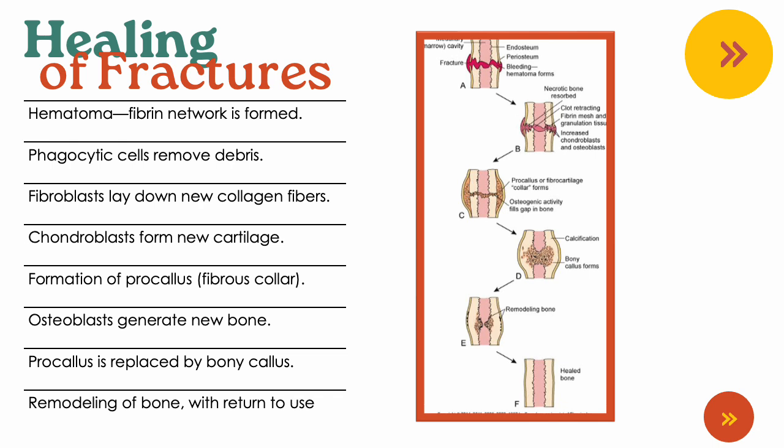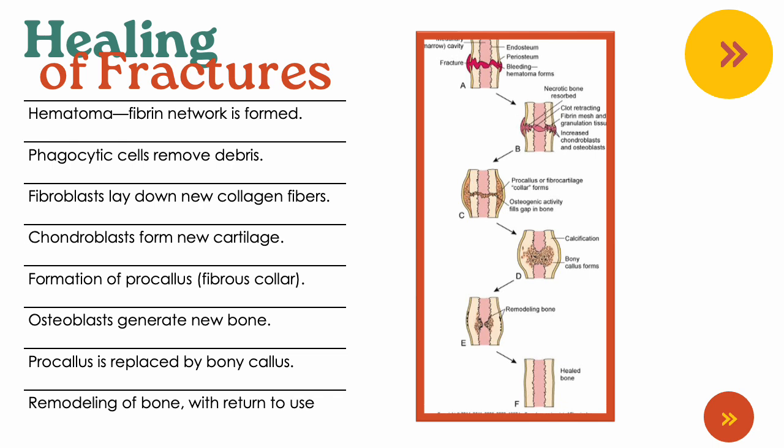Then this sets the stage for our osteoblasts, and you guys have heard of your osteoblasts before. These are your cells that help to generate and create new bone. Once that is occurring, you have the procallus that is replaced by bony callus. And then that bony callus helps with the remodeling of the bone. And then once it's healed, you will have use that has returned.